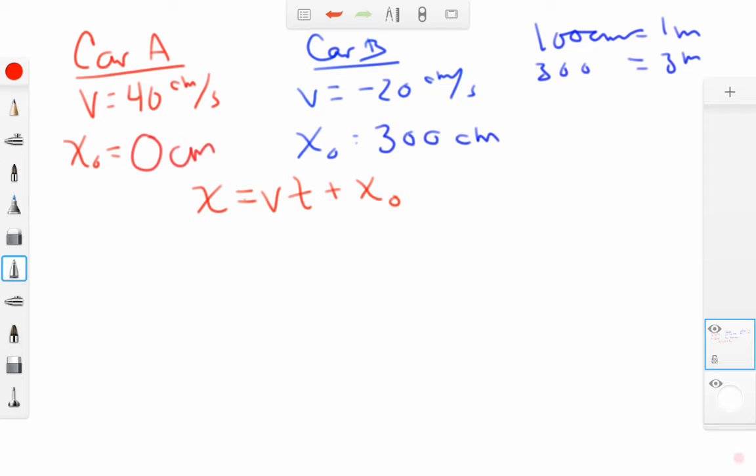For car A, this will look like x equals the velocity, which is 40 centimeters per second, times time, plus the initial position of 0 centimeters. I can simplify this equation since adding 0, we can cross that term out, and this generally just becomes x equals 40t.